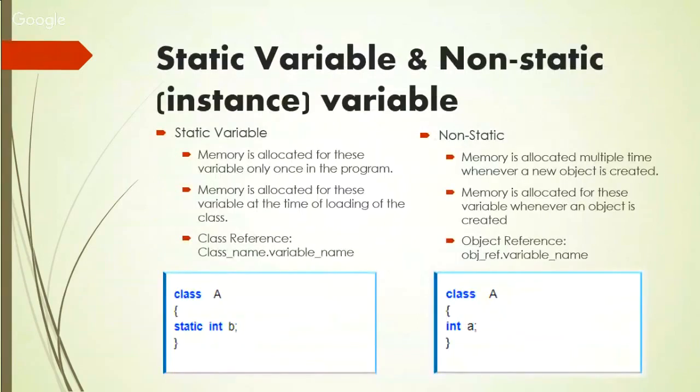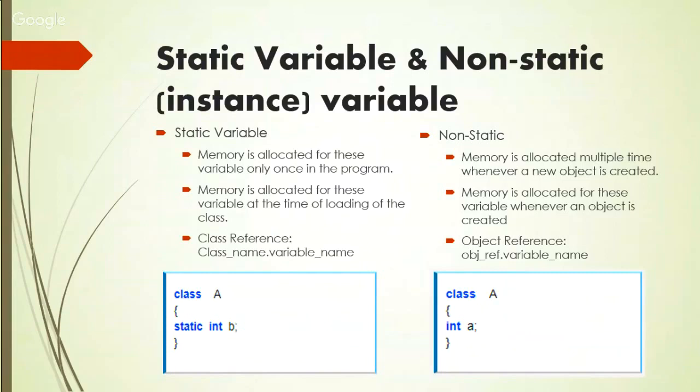Okay, for the first part, static variables and non-static variables. Static variables: memory is allocated for this variable only once in the program.